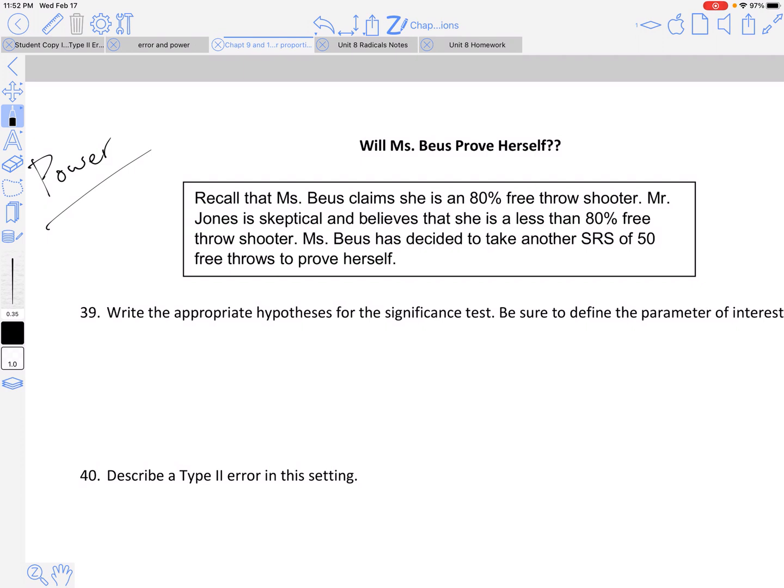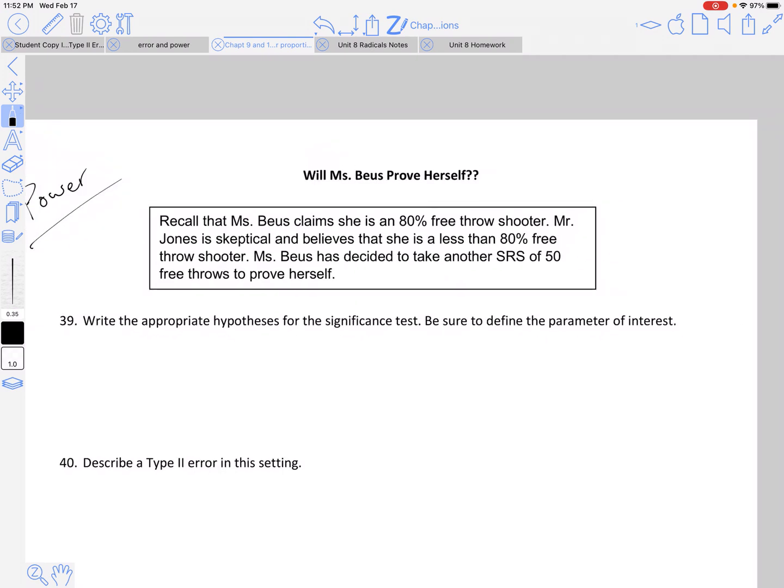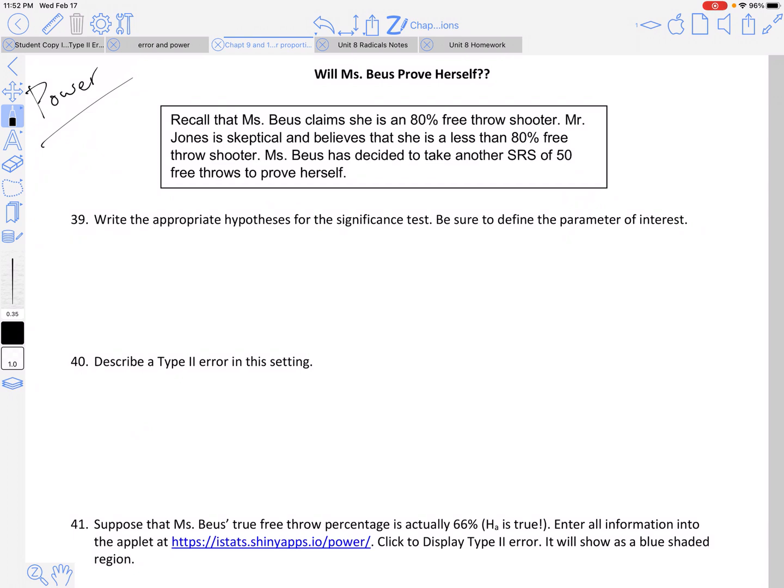So remember that I claimed that I was an 80% free throw shooter. Mr. Jones across the hall is skeptical and believes that I am less than 80%. So I decided to take another simple random sample of free throws to prove myself. We did this at the beginning, and we're going to do it again.